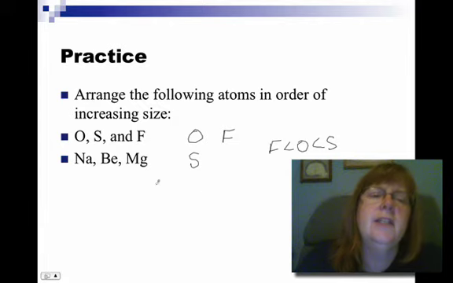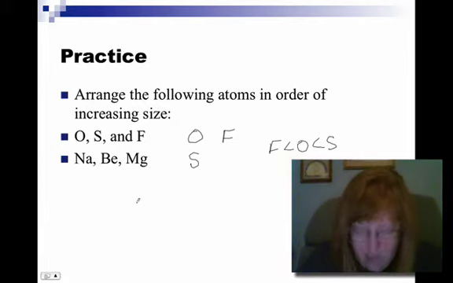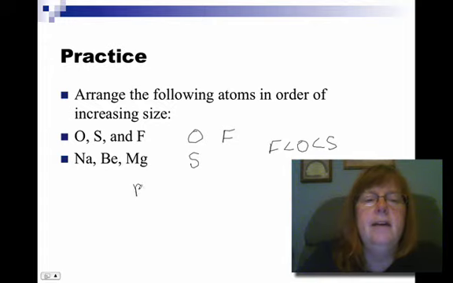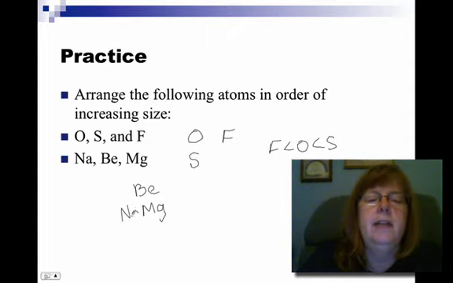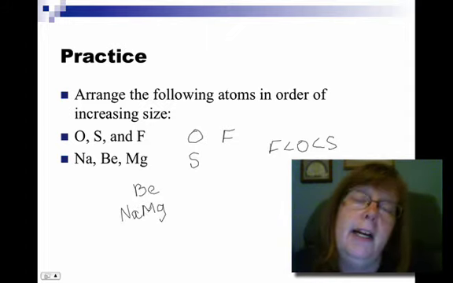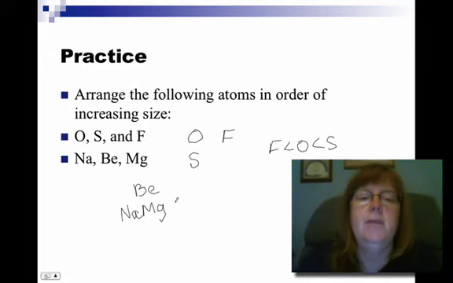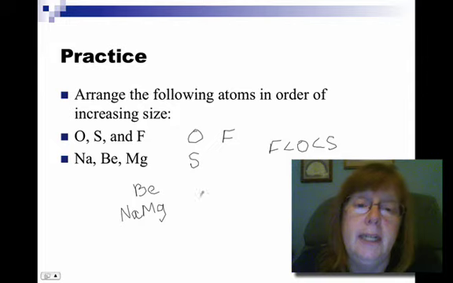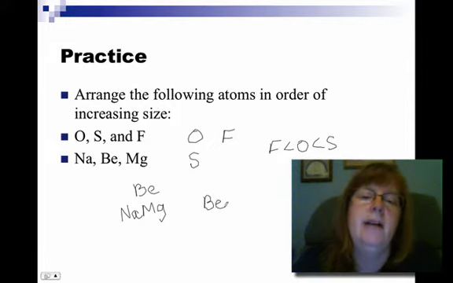All right, let's look at sodium, beryllium, and magnesium. On the periodic table, beryllium is going to be up here. Magnesium is in the same family as beryllium, and then sodium is over here to the left. Hopefully you have a periodic table in front of you and you can see this arrangement. The smallest is going to be beryllium because it has the least amount of energy levels.